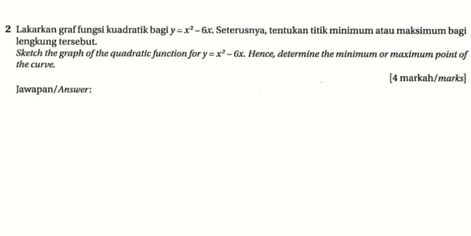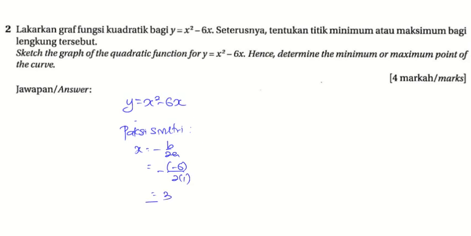Okay, now I'll show you the working. Lakarkan graf fungsi ini. Y equals to x squared minus 6x. So when we draw this one, the first step is find the paksi symmetry. Paksi symmetry is negative b over 2a, negative 6 over 2, 1.